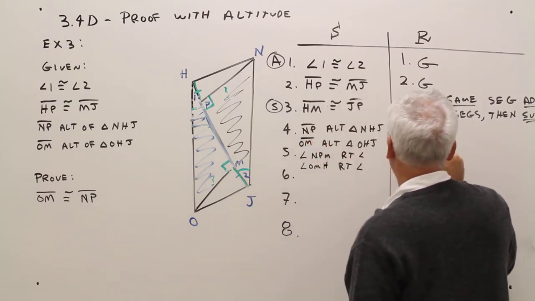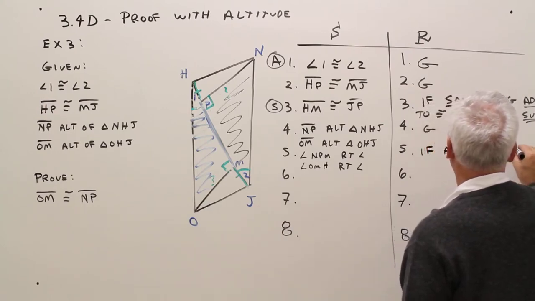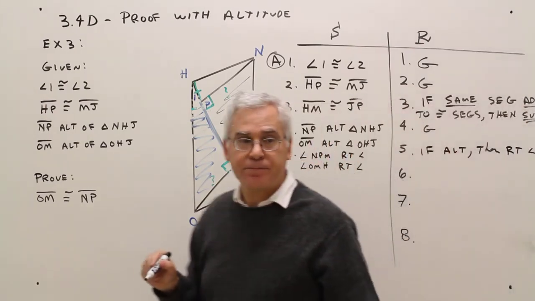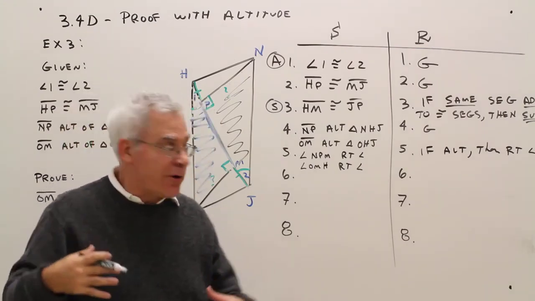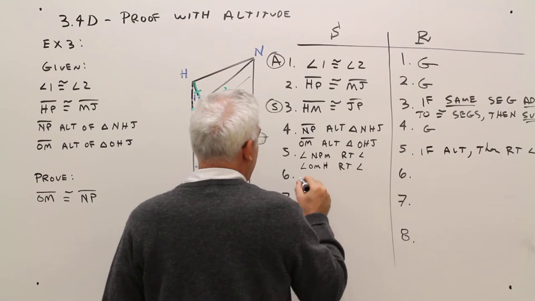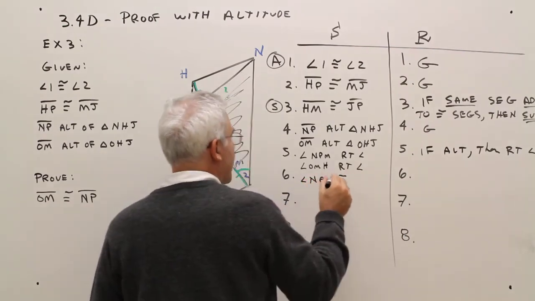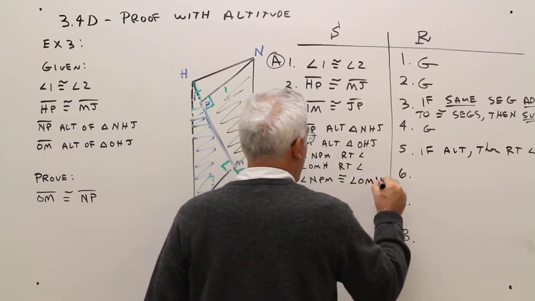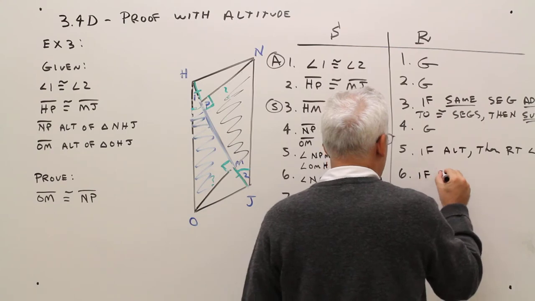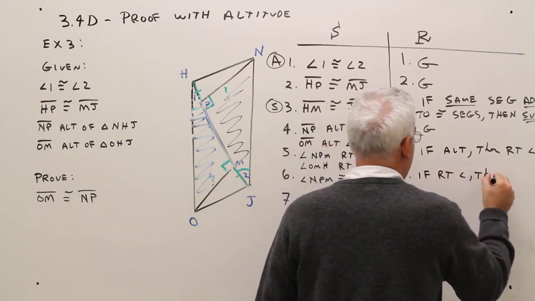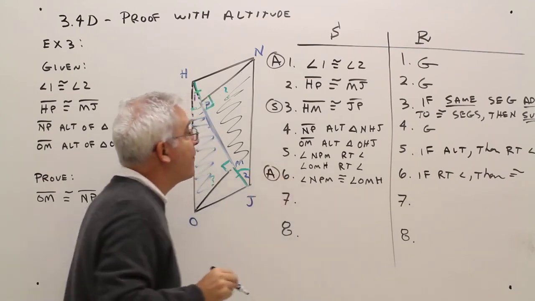And I'll say if altitude, then I get a right angle. Oh, and then if I got right angles, they're congruent. So 6, angle NPM is congruent to angle OMH. If right angles, then congruent. Now I get credit for the A.